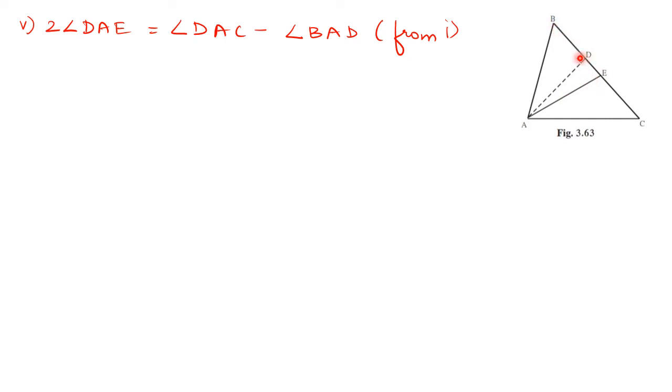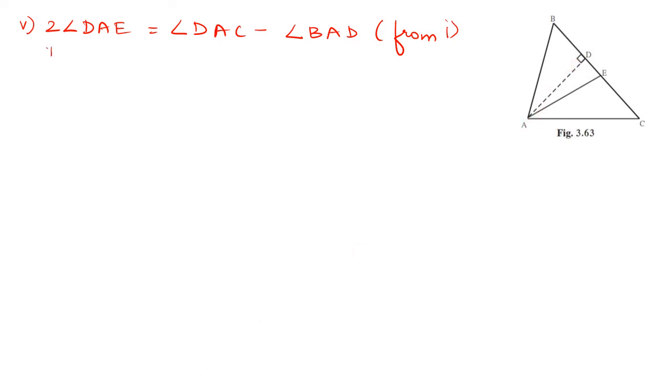Now this entire DAC, we need to find the value of this, and BAD we need to find the value of this. So in triangle ABD, according to the sum of the angles of the triangle are 180 degree, we'll write down that.